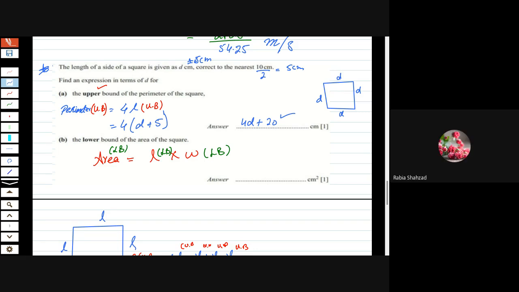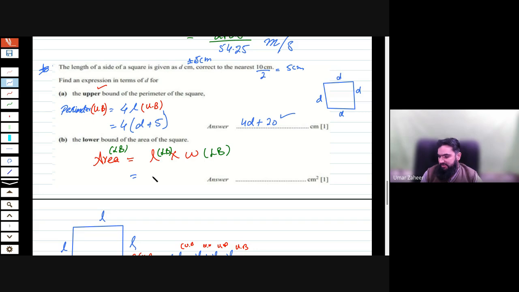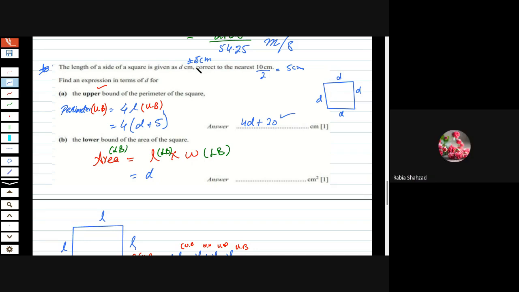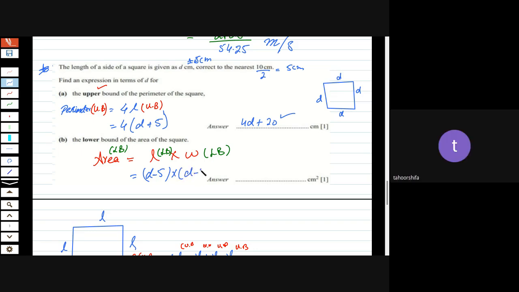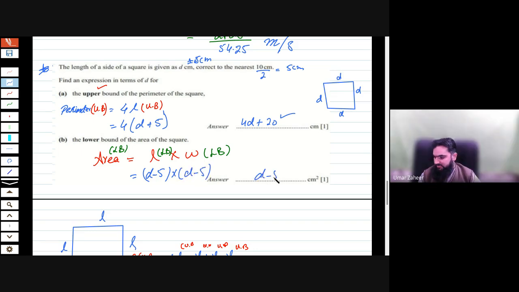Yes, sir. The length and the width are going to be the same. So the length is d plus 5 or minus 5? Minus 5, because we have to take the lower bound, d minus 5. And obviously the width is also the same, d minus 5. So you will get d minus 5 whole square. If you want to open the square, you can. Otherwise, there is no need to open the square.